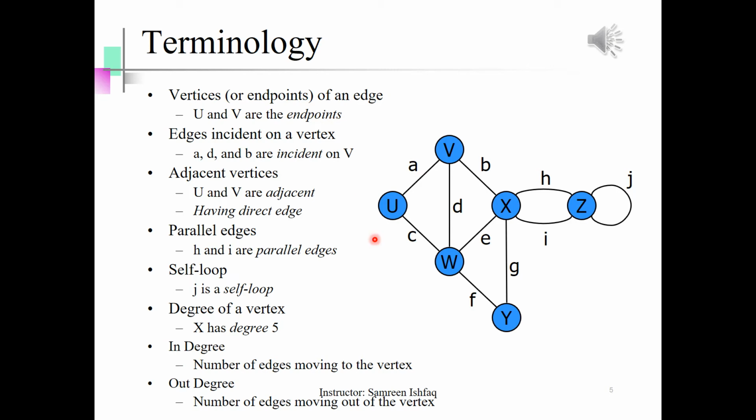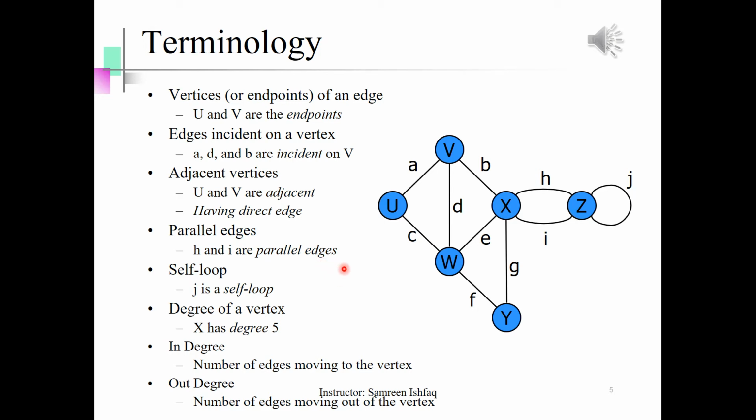In this graph, vertex u is adjacent to vertex v because there is a direct edge between these two vertices. In a graph, if a pair of vertices is connected by more than one edge, then those edges are called parallel edges. In this graph, x and z are two vertices which are connected by two edges h and i, so it is called a parallel edge.